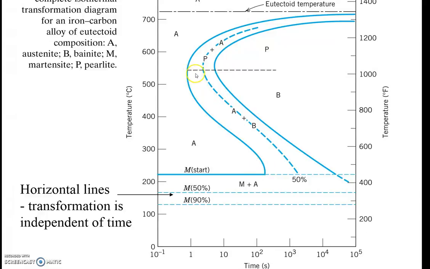Well, the transformation rate is driven by diffusion. So if diffusion is slow, then the transformation rate is also slow. If diffusion is faster, as it is here because the temperature is a little higher, then the transformation rate is a little bit faster, okay?